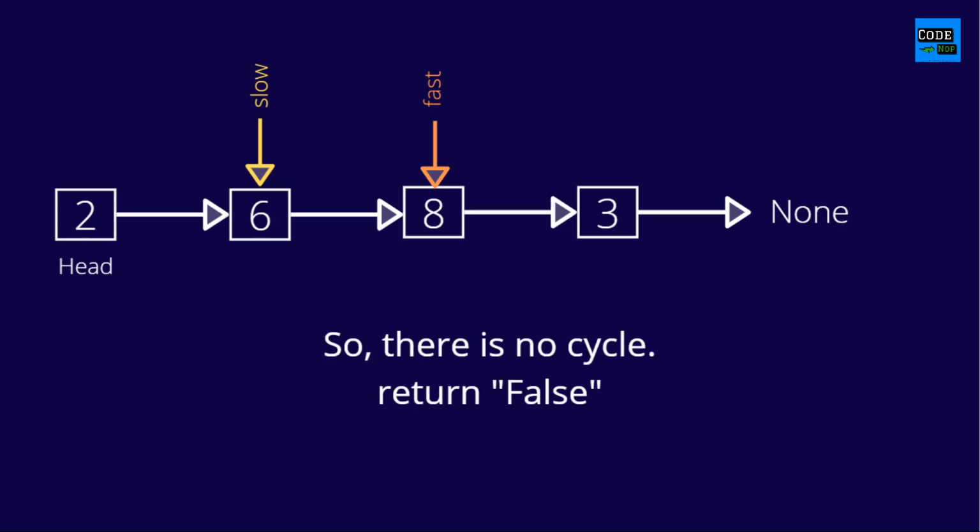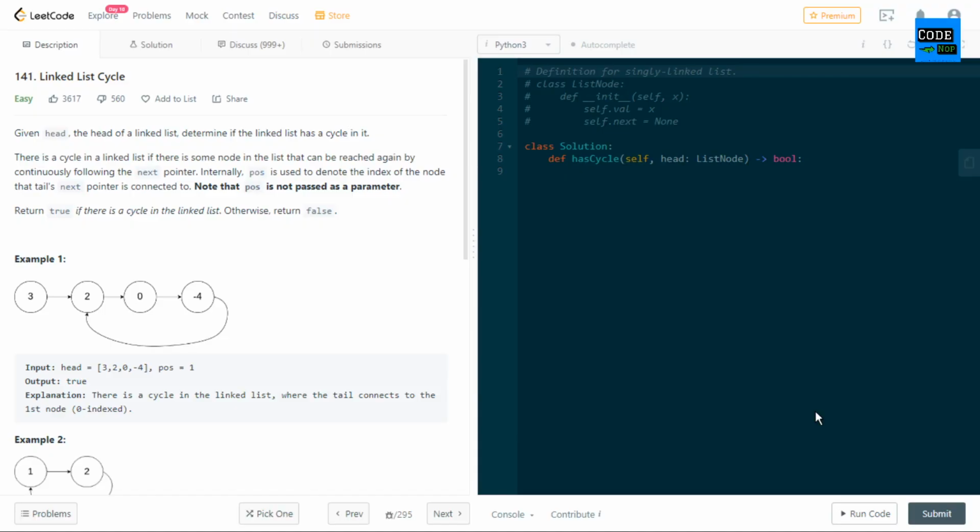So let's see the code and how it works. I am on the LeetCode page. The problem number is 141, as you can see. Let's have the base case: if the head is None, then we must return false, as there will be no cycle at all.